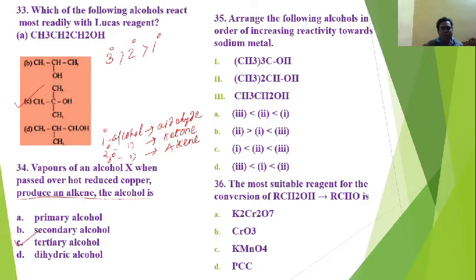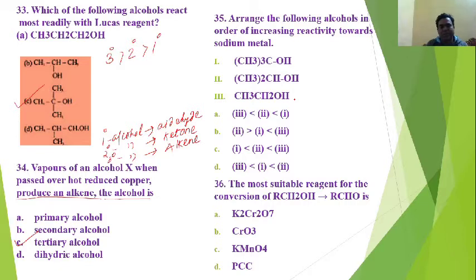Then, arrange the following alcohols in order of increasing reactivity towards sodium metal. Tell me the reactivity towards sodium metal. It is based on acidity. Ethyl alcohol reacts fast.